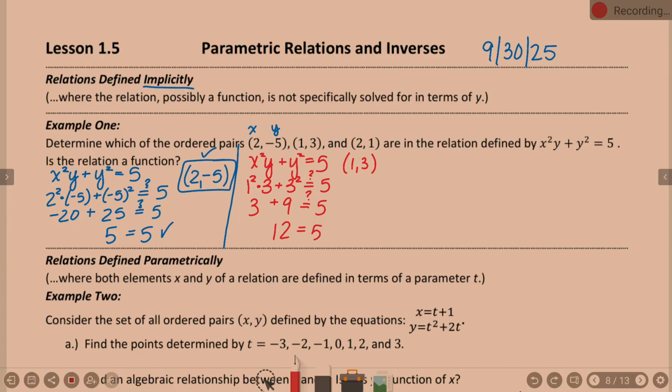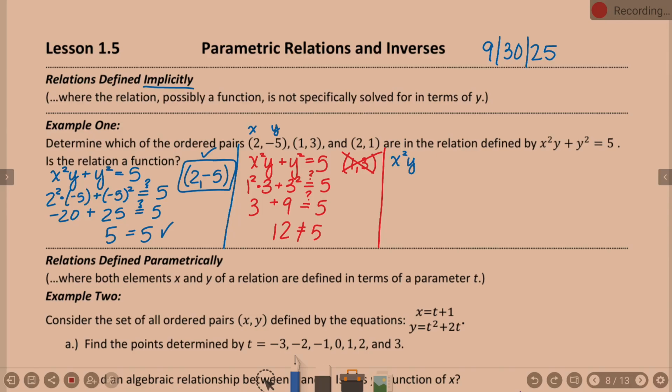Does 12 equal 5? No. So what do we know? (1, 3) is not in the relation. Okay? And, are you guys ahead of me? Check the next one, right?